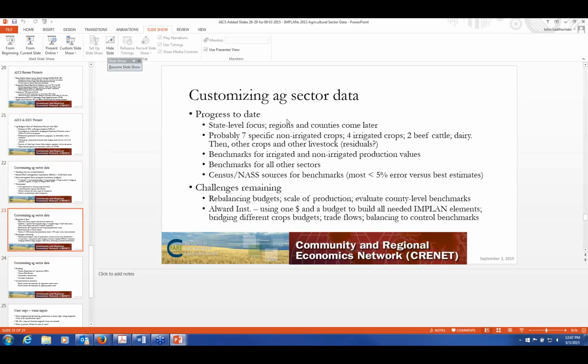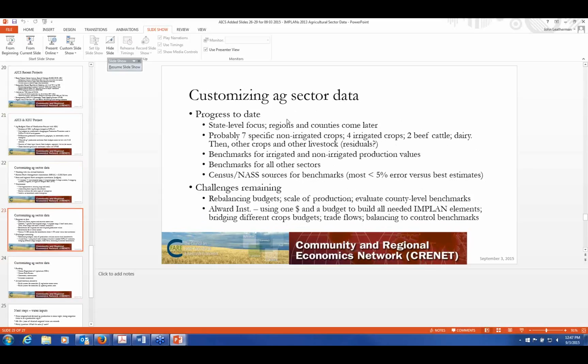Then we'll also have the other crops and other livestock sectors, which to some extent I'm anticipating may need to be treated as residuals to make sure that it balances all within the ag sector and doesn't affect anything else within the social accounting matrix.